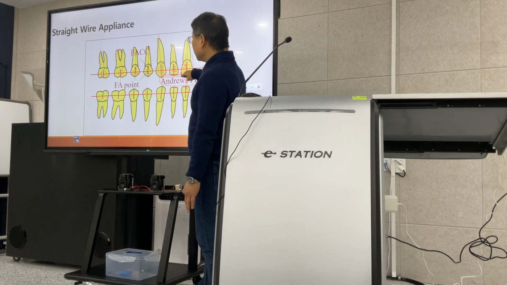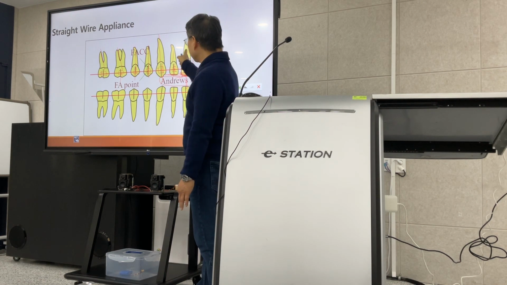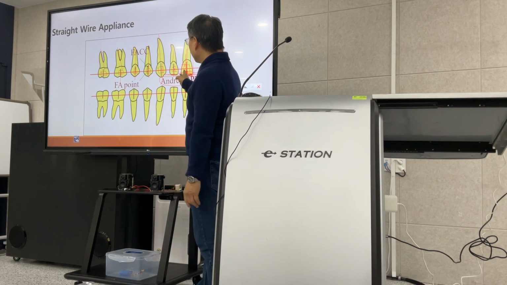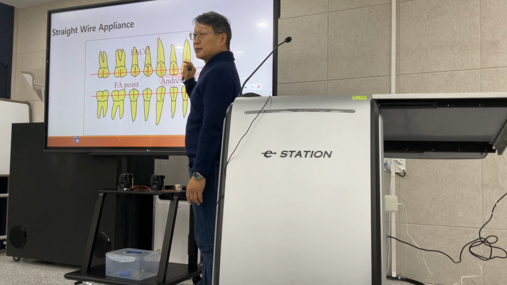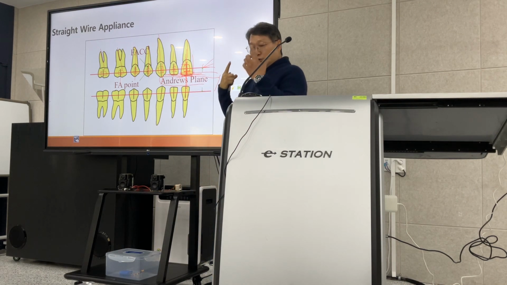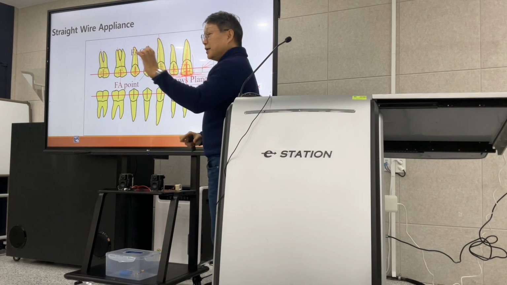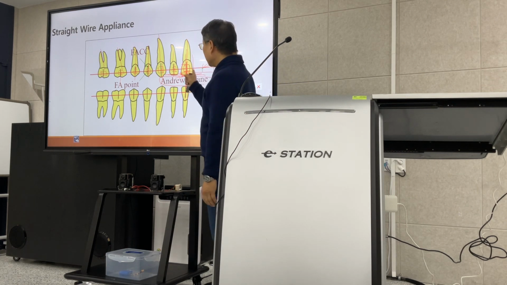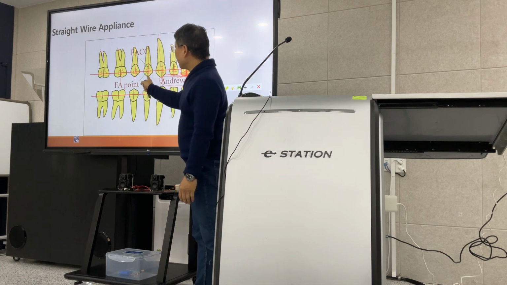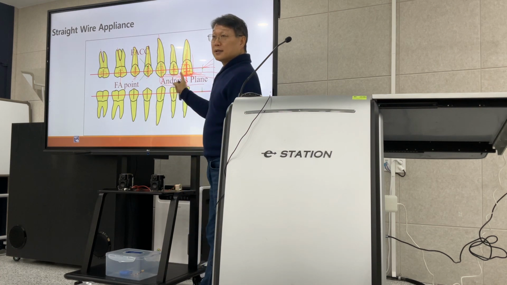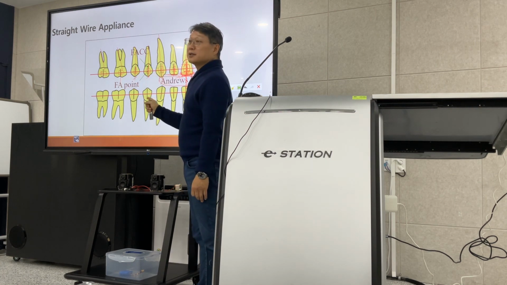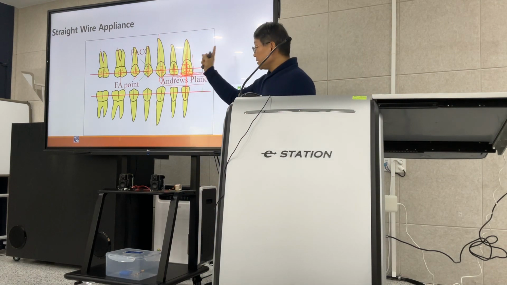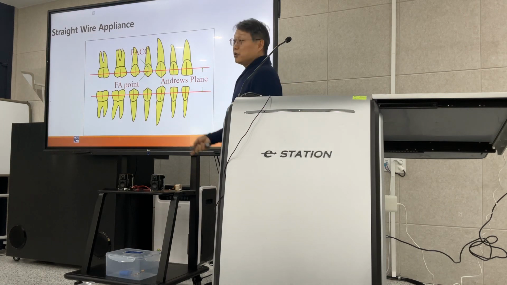If you can't find the inside line, you can imagine the center of the FACC, then you can easily position the bracket. So when you put a bracket on the tooth, you're already thinking about the inside plane, but for the canine or premolar, they don't have an inside plane, so the FACC is a very good representative point. You can easily locate it, and just the center is enough. That is Andrews' concept.